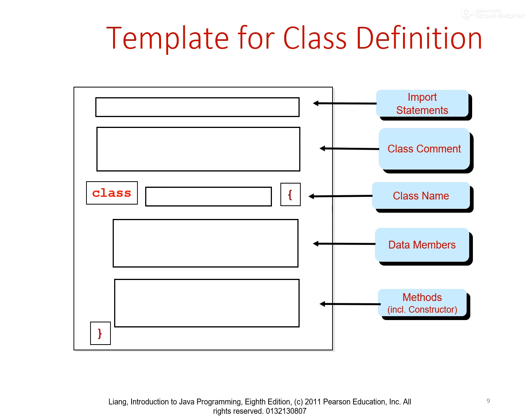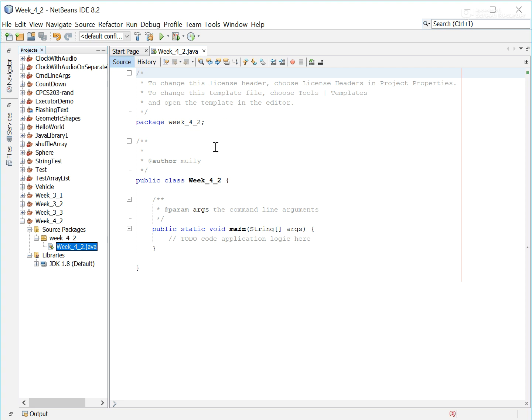Okay, so let me switch over to a new project, which I'm calling week 4.2. When you create a new project, you basically get just this one source file.